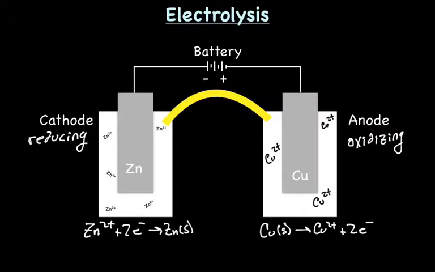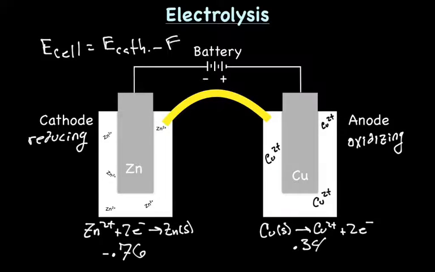The standard reduction potential for zinc 2+ is negative 0.76. And for the copper side, we have positive 0.34. And if you remember, E cell equals E cathode minus E anode.